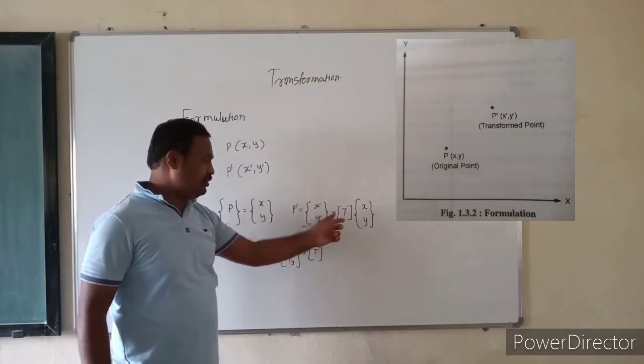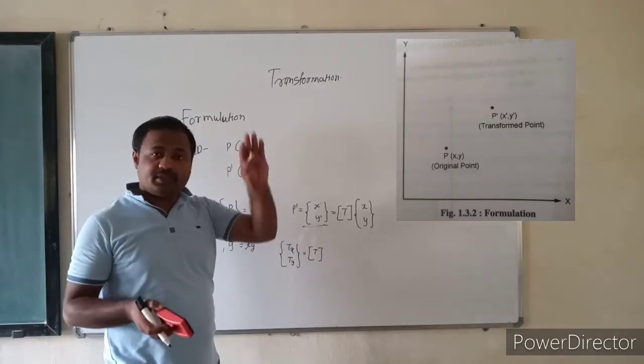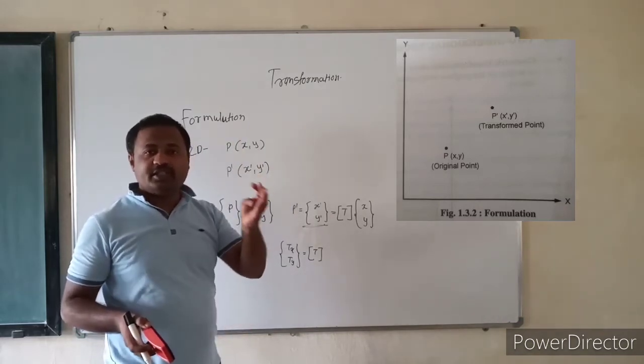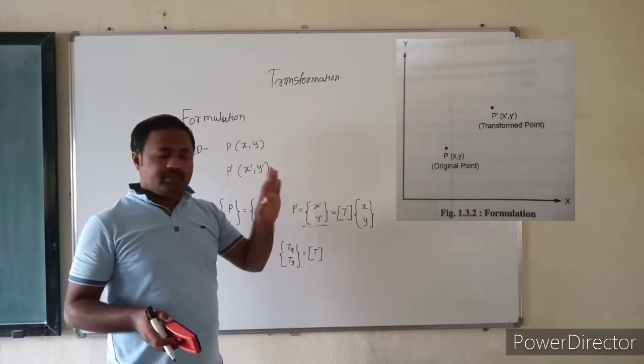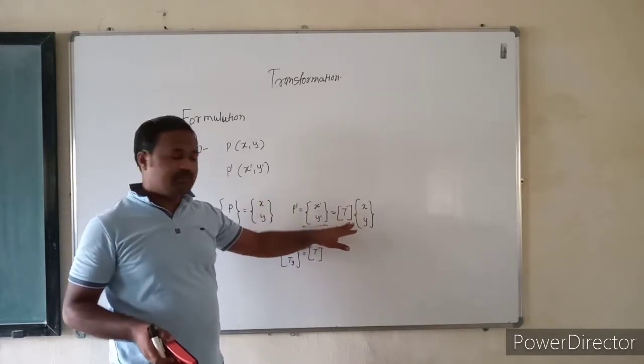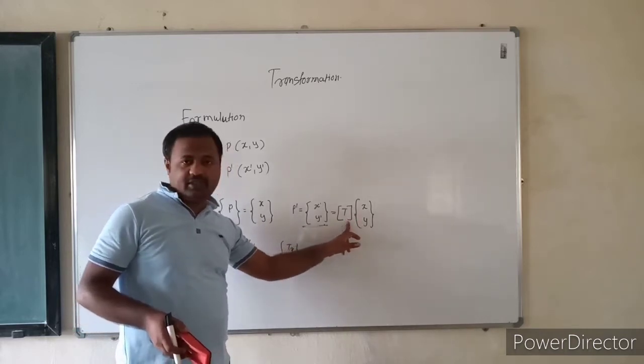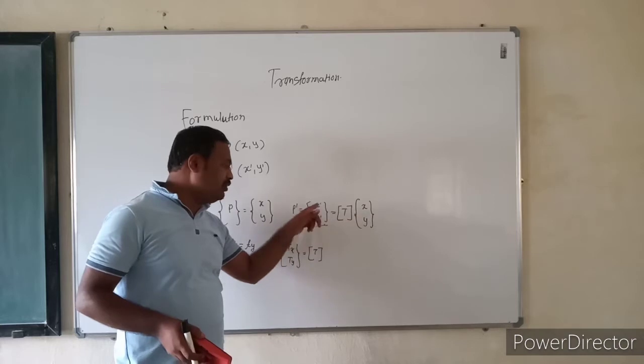In any transformation, such as rotation, scaling, mirror, there is a transformation matrix, and by multiplying the original matrix with the transformation matrix, you get the new coordinates.